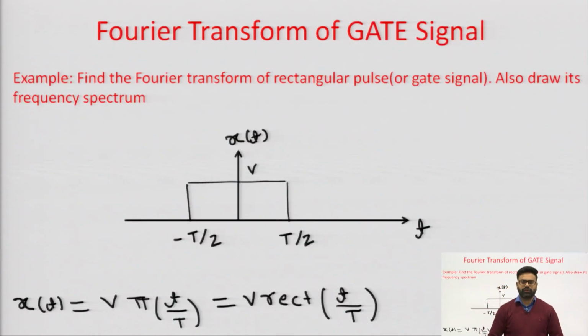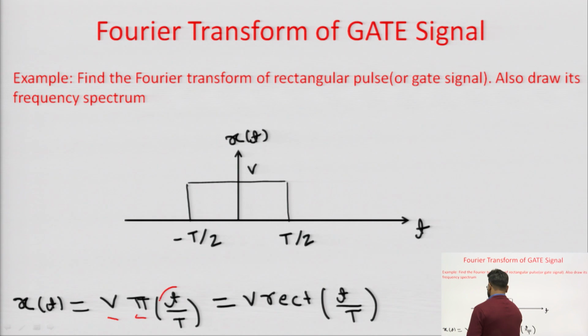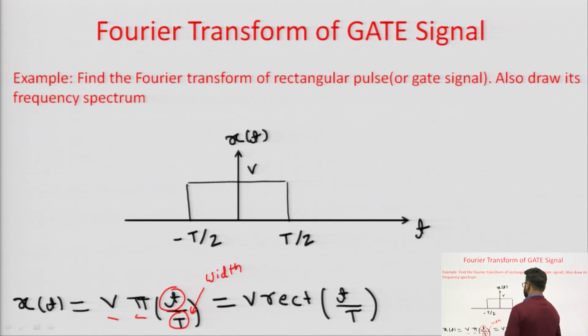So, first of all we will see the Fourier transform of the gate signal. To find the Fourier transform, first we will define what a gate signal is. The gate signal is defined as V, with a sign to represent the rectangular signal, and obviously it is a function of time, and the denominator capital T represents the width of the gate signal, or the width of the rectangular signal.